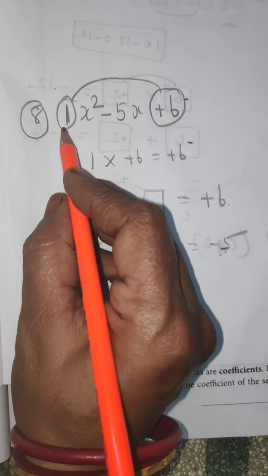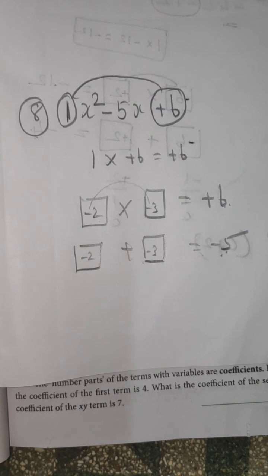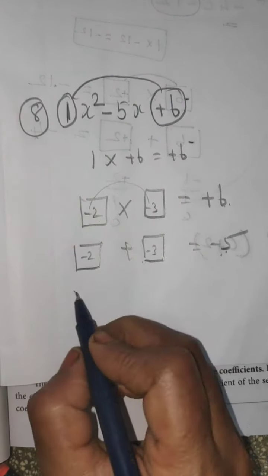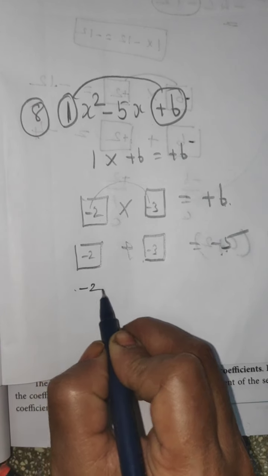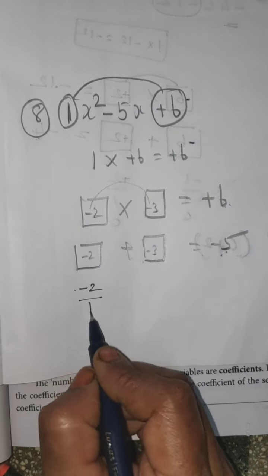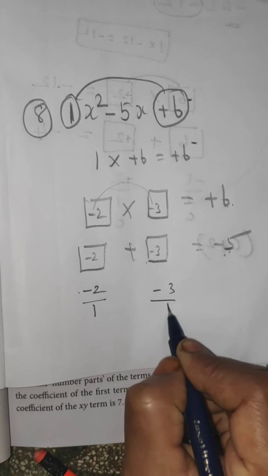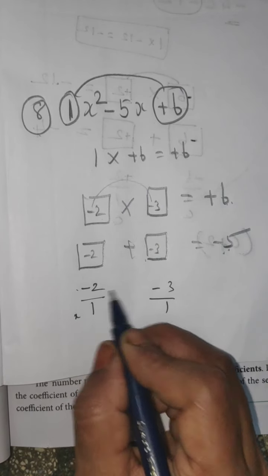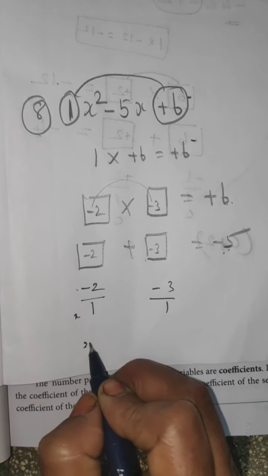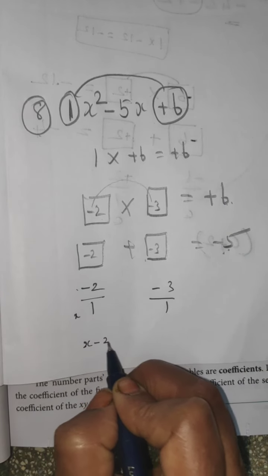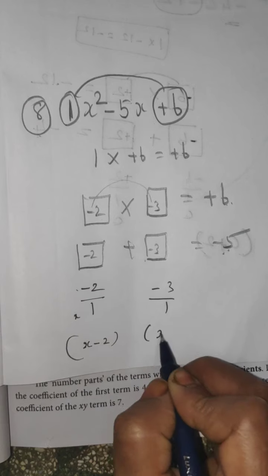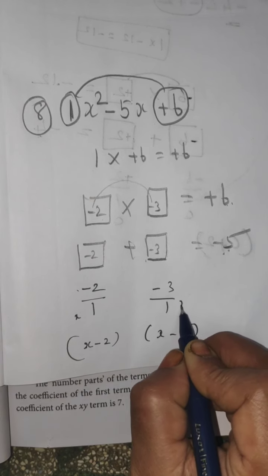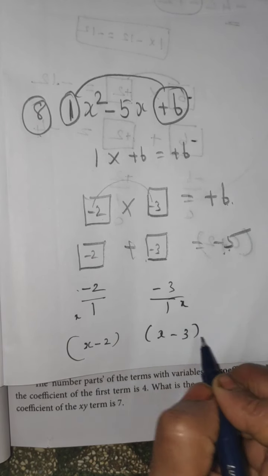Now the number is 1, so you write minus 2 in the first bracket. Divide the 1 by minus 3 with the variable x; whatever number is divided by 1 gives the same, so 1 into x equals x. The number is minus 2, so x minus 2 is one factor, and x minus 3 is the other.